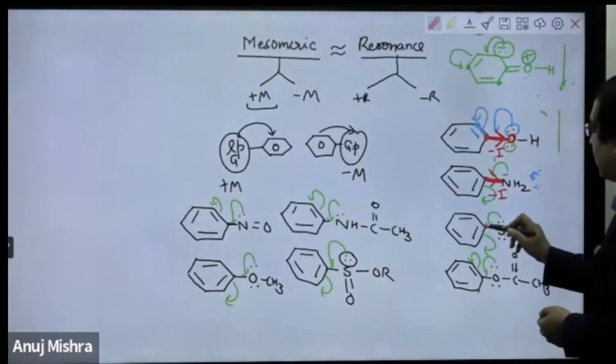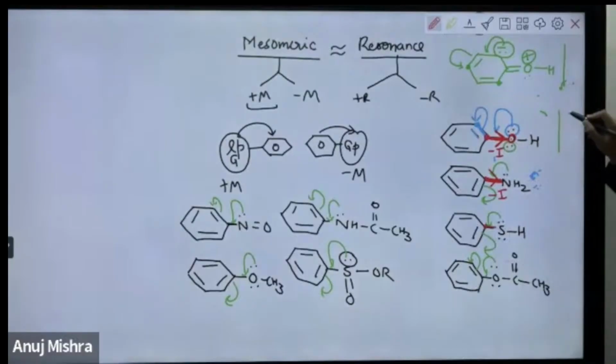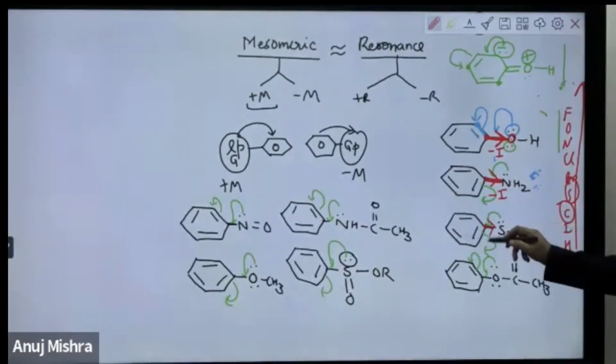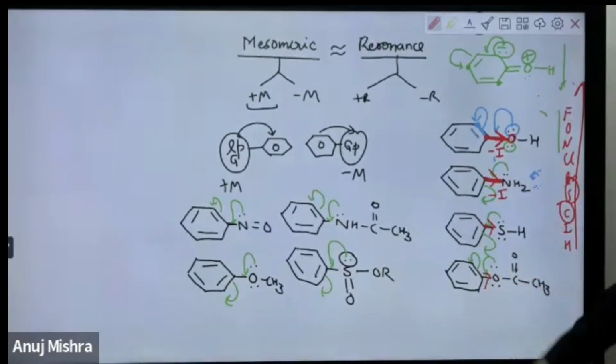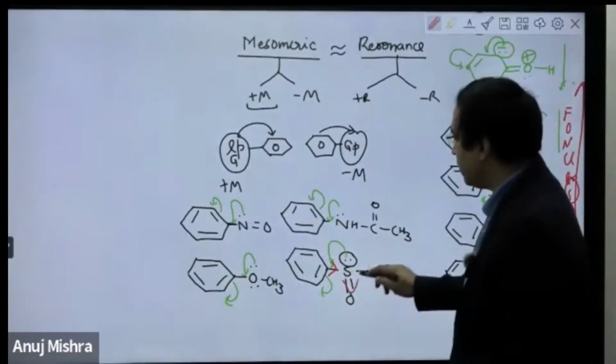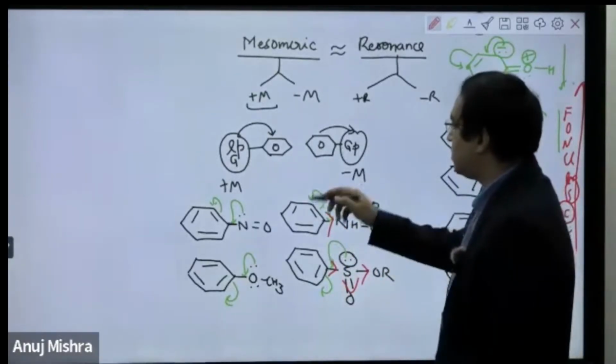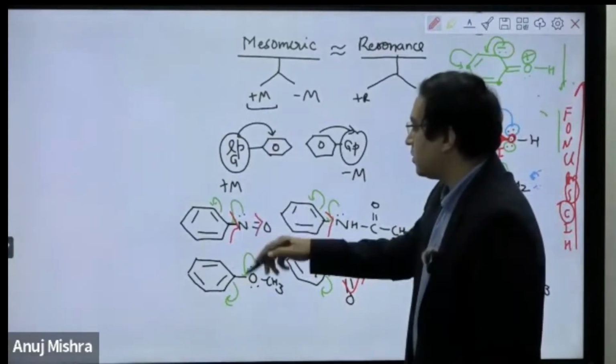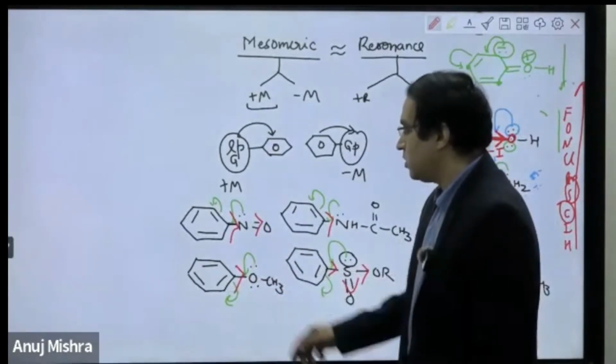Sulfur, carbon: now check the sequence. Fluorine, oxygen, nitrogen, chlorine, bromine, sulfur, carbon, iodine, hydrogen. This is a sequence. So sulfur is still above the carbon, slightly pull. Oxygen pulls, sulfur slightly pulls, nitrogen pulls, oxygen pulls.